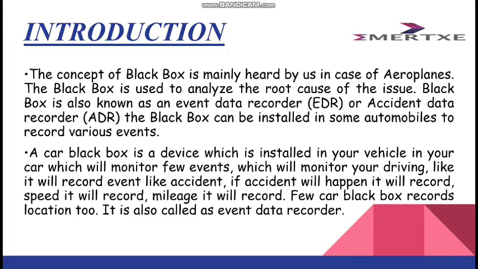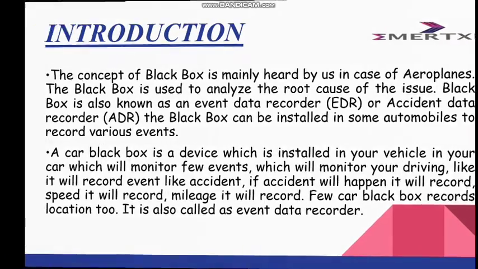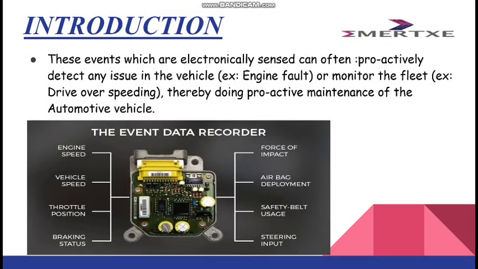It is also known as an event data recorder. These events, which are electronically sensed, can often proactively detect issues in the vehicle, for example engine fault, or monitor driving like over speeding, thereby doing proactive maintenance of the automobile.